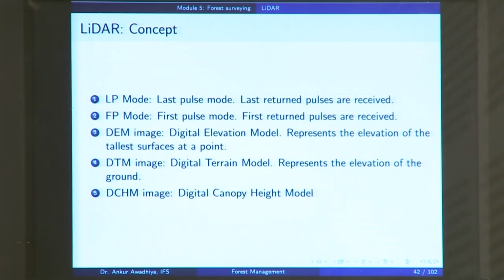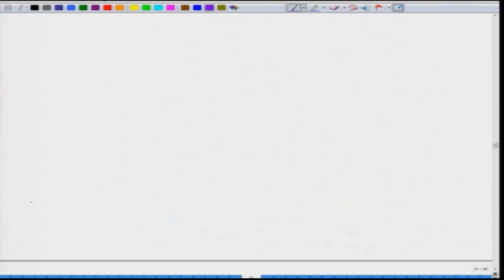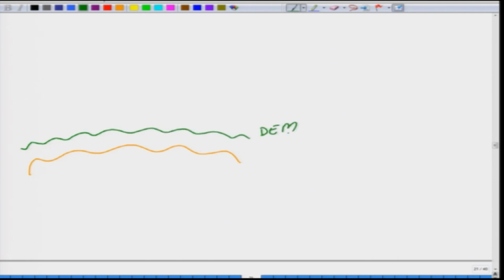What we are saying here is that you have a ground, and then you are getting a canopy. So, these are the two surfaces that you are generating. So, you have the digital elevation model, which is giving you the tops of the canopies. You have the digital terrain model, which is giving you the shape of the earth below it.